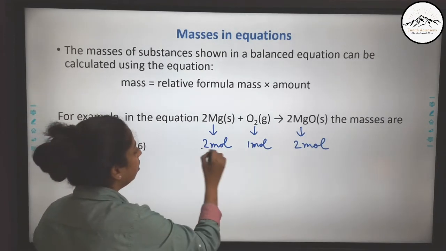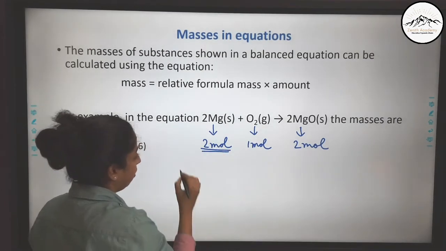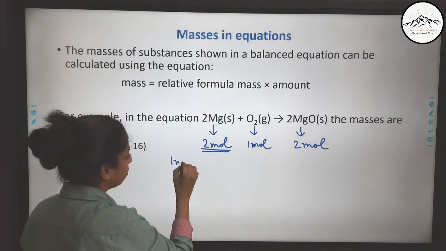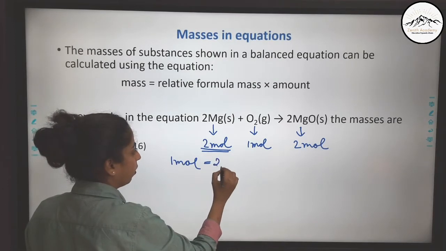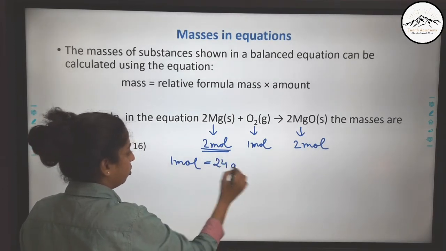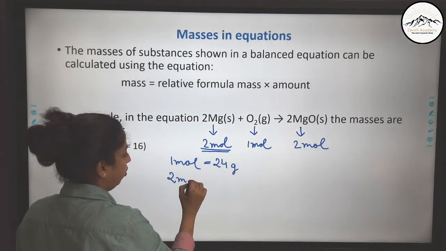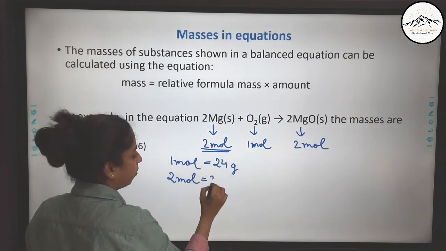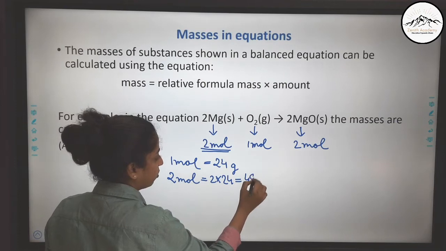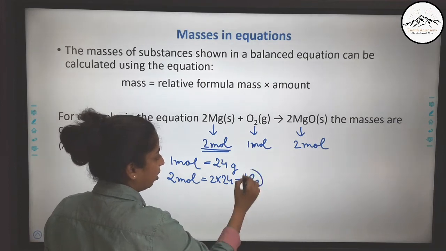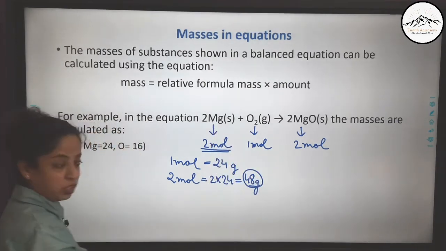So here, 2 moles of Mg: 1 mole of Mg is 24 grams, so 2 moles will correspond to 2 into 24, which is 48 grams. So this way we can calculate that 48 grams of Mg was used.